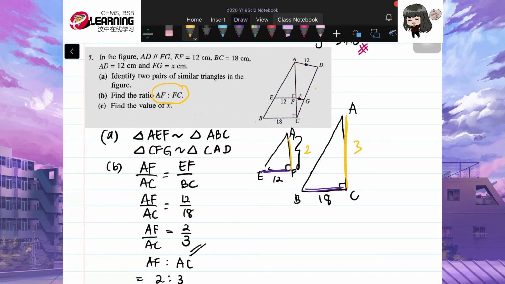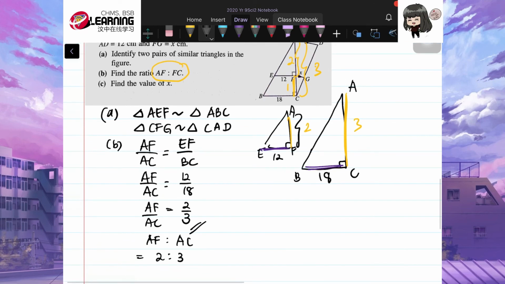Again, if the ratio of AF to AC is 2 to 3, it means FC is 1 because 3 minus 2 is 1. So the question is asking for AF to FC. So AF to FC is 2 to 1. This is the answer for B.